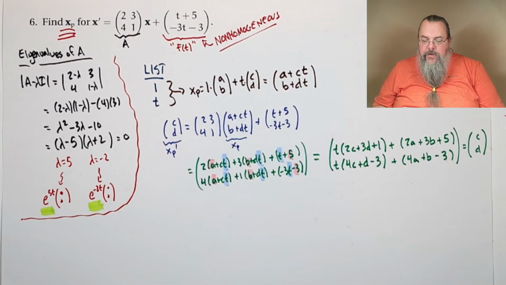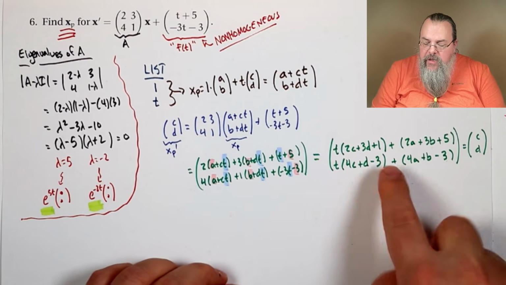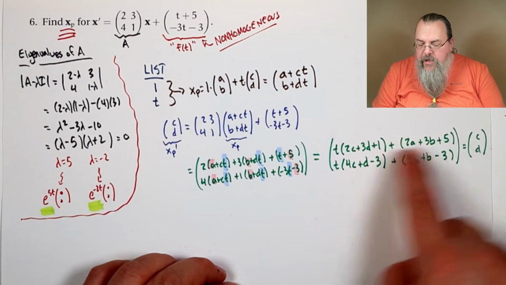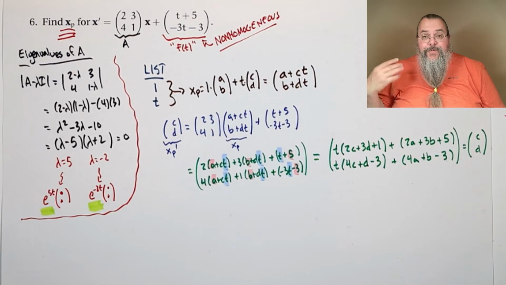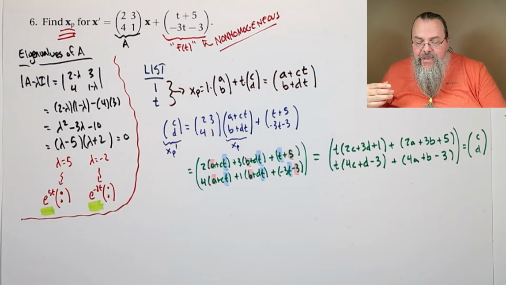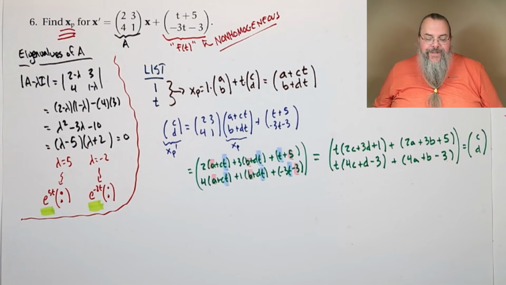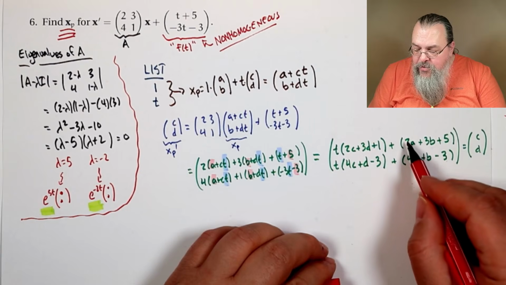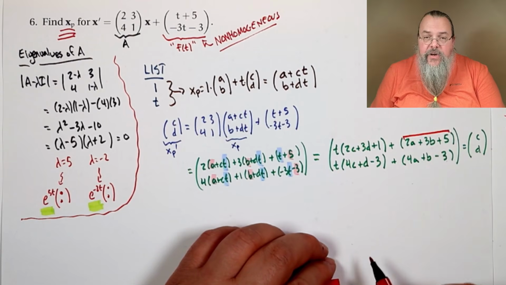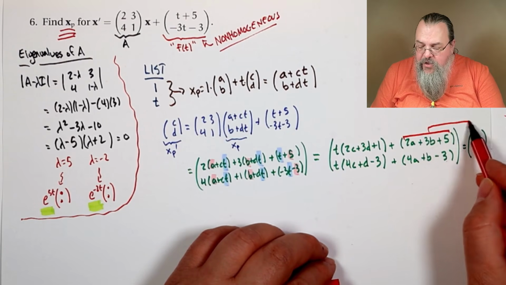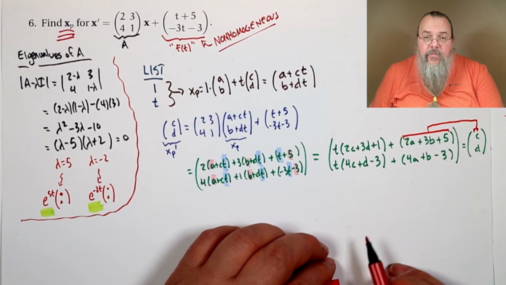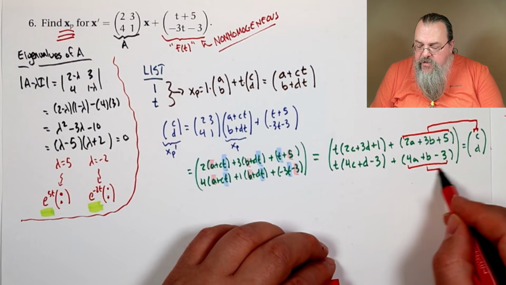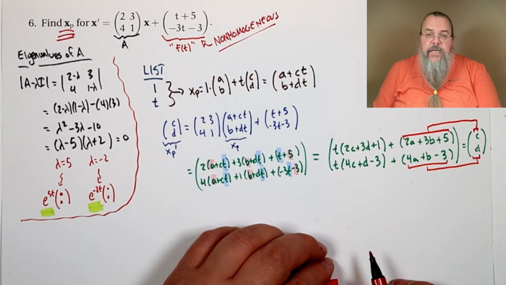And now we say, wait a second. These two vectors are equal, which means every entry is equal, which means the corresponding coefficients must be equal. So, for instance, 2a plus 3b plus 5, which is our constant, has to match our constant, c. And 4a plus b minus 3, which is our constant, has to match our constant, d.